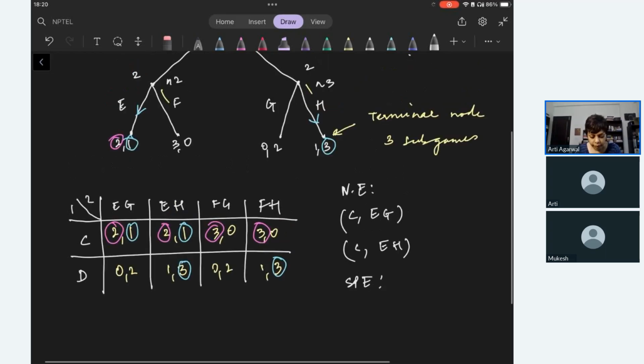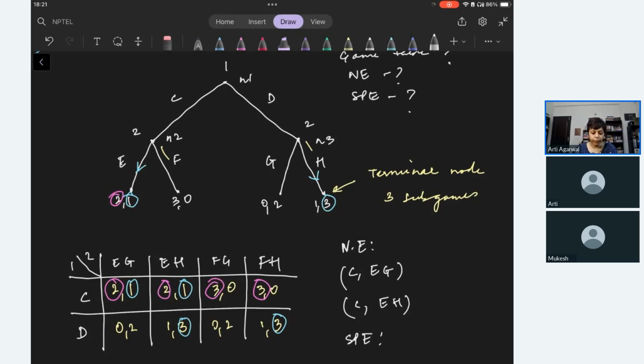Now let's see, if 1 is playing C, 2 would play E, right? And if 1 is playing D, then in this subgame, 2 is going to play H. 2 never plays G, right?